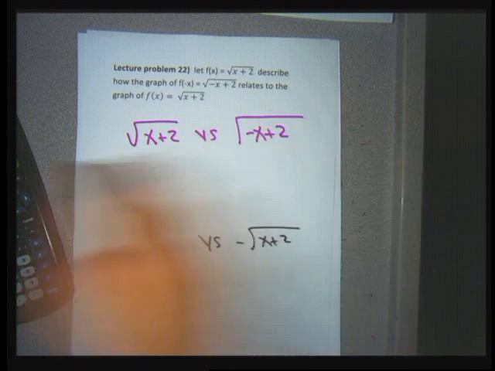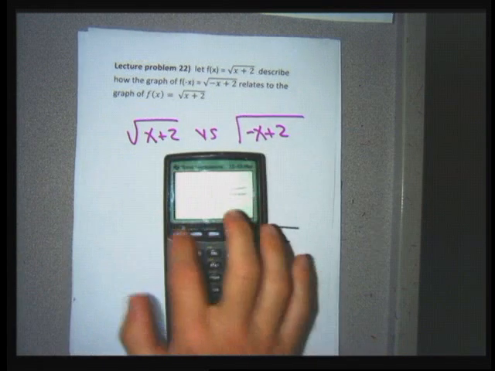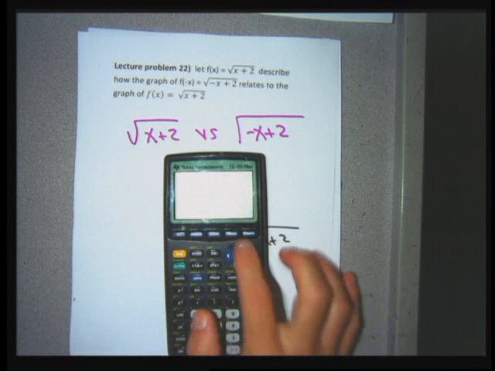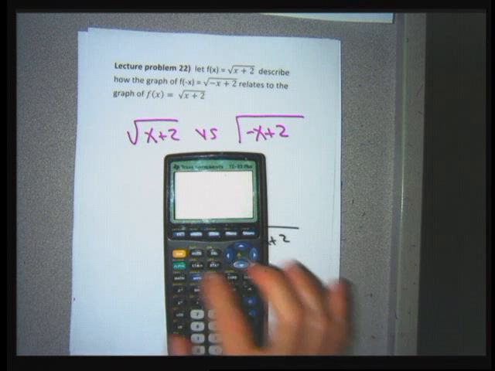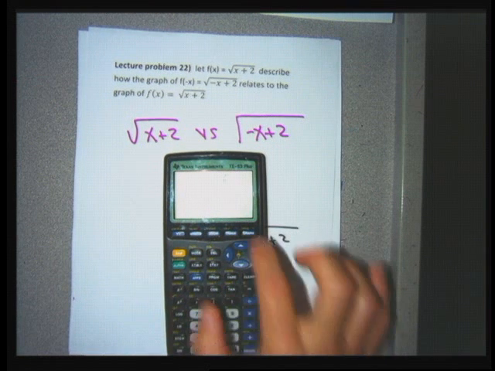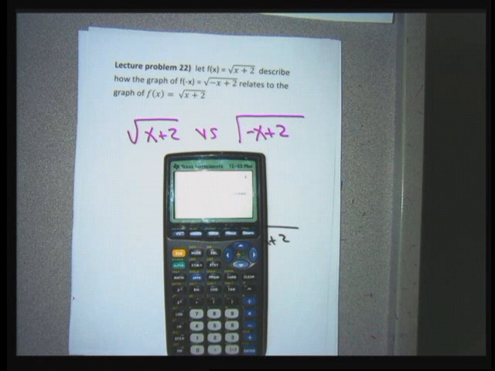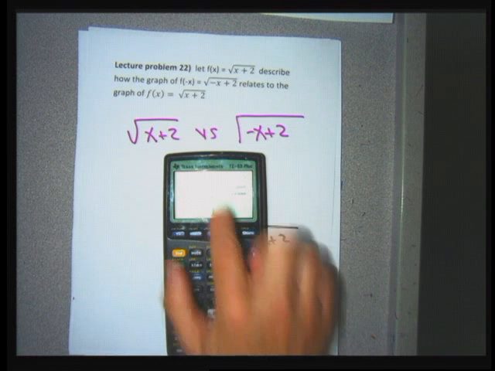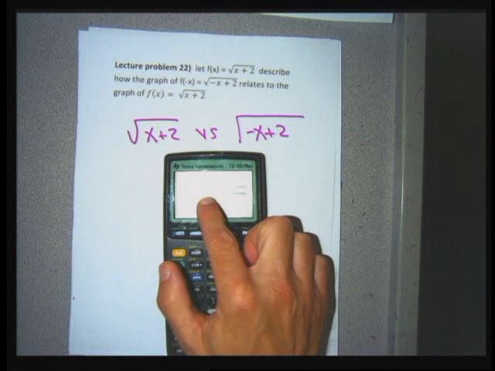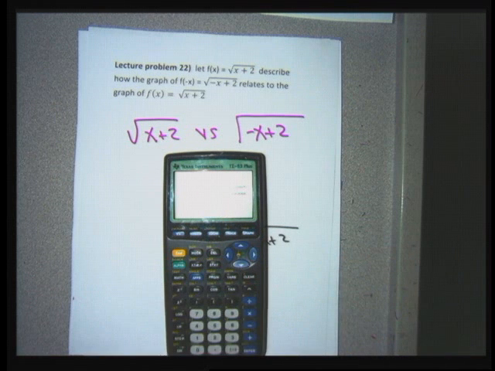The square root of x plus 2, I know how to graph it. It's shifted to the left 2 units. It's the same as the graph of the square root of x, but shifted left 2.